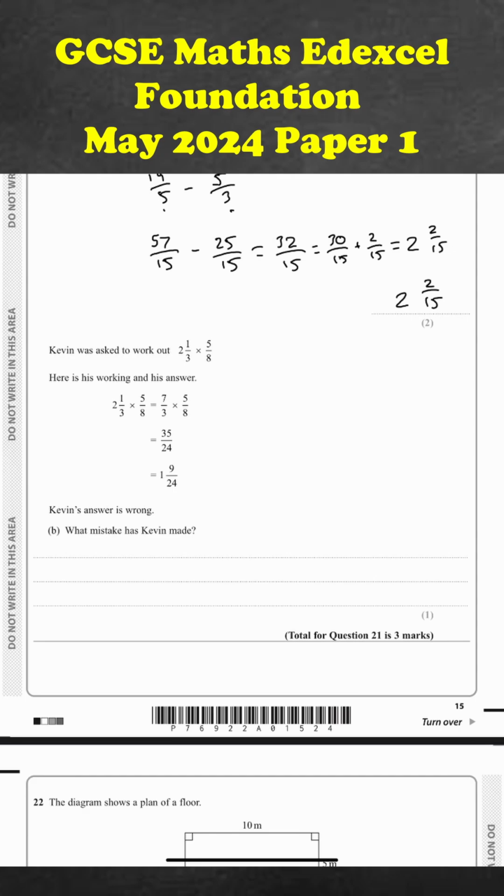So let's just check what he's done. 2 1/3 is going to be 6 1/3 plus 1/3, so 7 1/3. That's correct. 5/8 hasn't changed there. That's fine. 7 times 5 is 35. 3 times 8 is 24, so that's all correct so far. So this is going to be 24 over 24 plus 11 over 24. So he's made the mistake here.